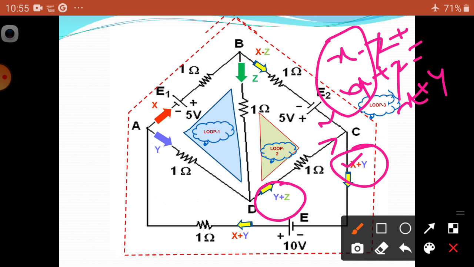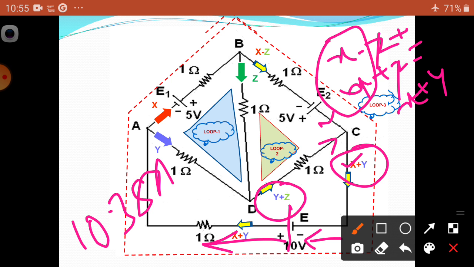So the same current is represented. We know from basic classes that whatever current leaves the positive terminal, the same amount of current has to enter the negative terminal. If something changes, the value changes. For example, if the current leaving the positive terminal is 10.38 amperes, and the current coming in is, for example, 10 amperes only, that means 0.38 amperes is missing here. That means you made some mistake in the network.